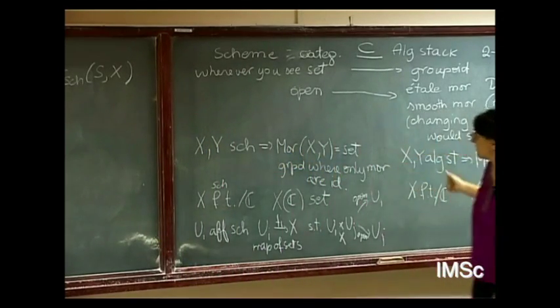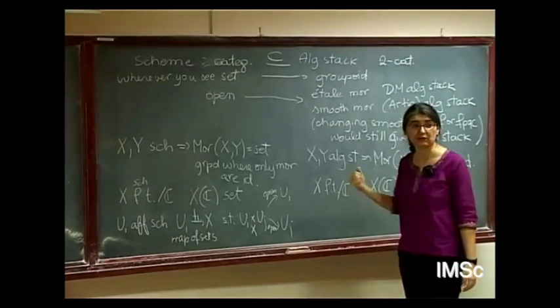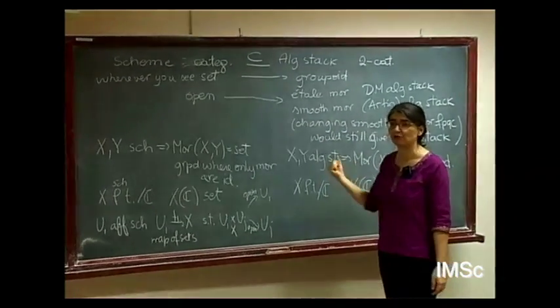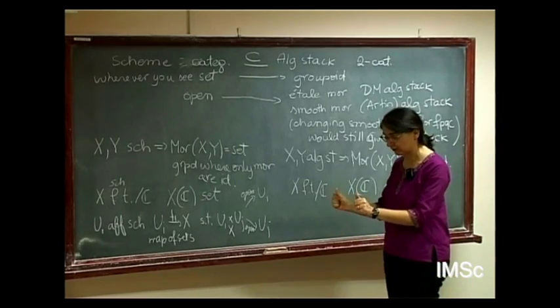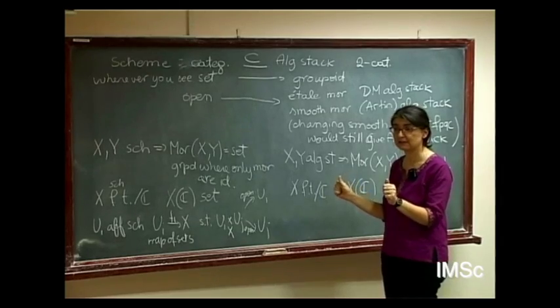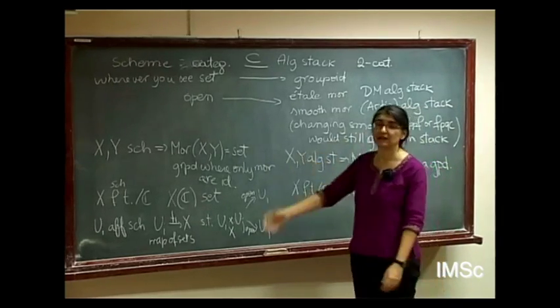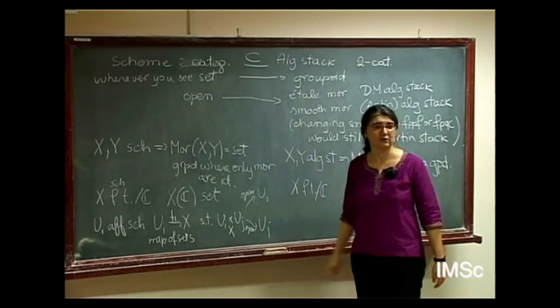So the idea is whenever you have a moduli problem which comes as quotienting up to isomorphism, what you should do is sit down and figure out: is this isomorphism unique when it exists? If it's unique, you can forget about it and just work with it.